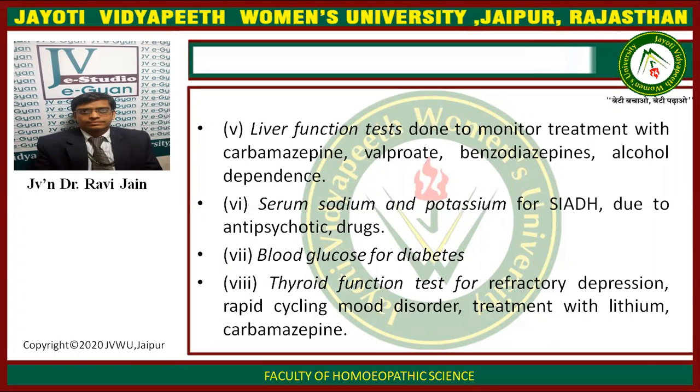Next, you can check serum sodium and potassium levels for SIADH due to antipsychotic drugs. You can check blood glucose levels for diabetes mellitus. Then we can do the thyroid function test for refractory depression, rapid cycling mood disorders, and treatment with lithium and carbamazepine.